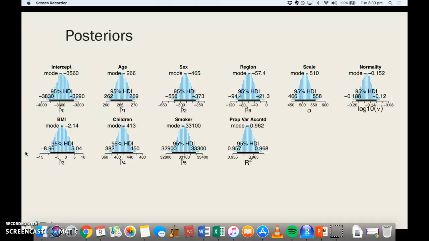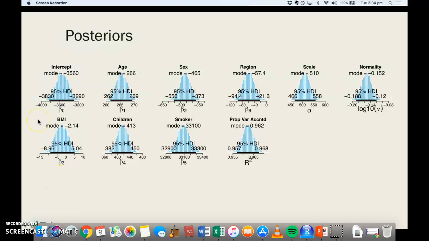And now we look at the posteriors. So we've got intercept, age, sex, body mass index, number of children, whether they're a smoker or not, and the region lived in. So it looks like all of them are far from 0 except the BMI at -2, and that does contain 0 in the 95% HDI.